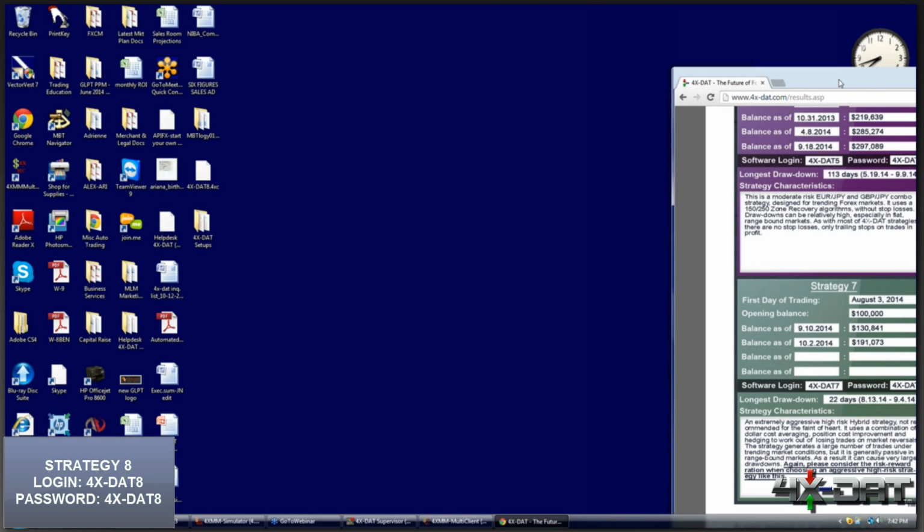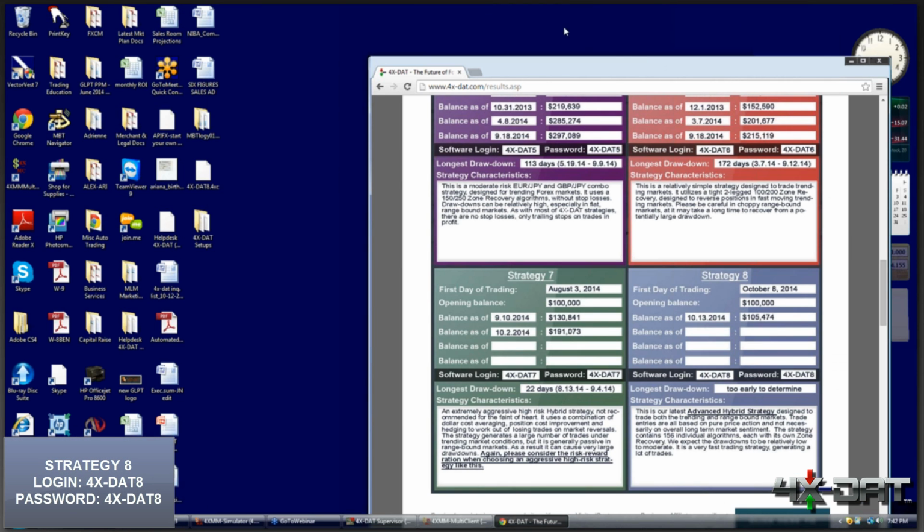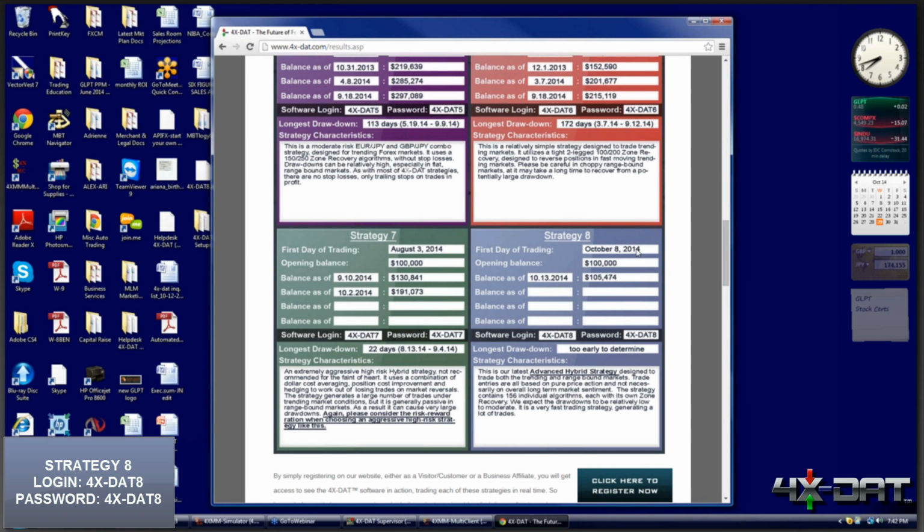Number 8 is our most recent strategy. We put it on as a result of trying to create a hybrid environment. In other words, somewhat find a medium between a range-bound market and a trending market.